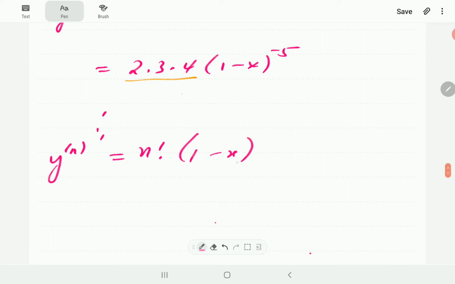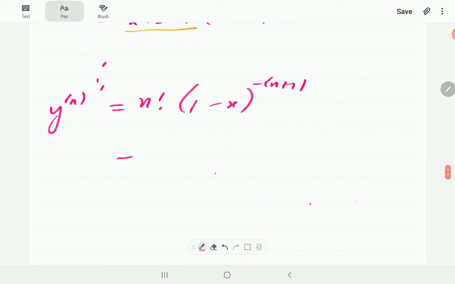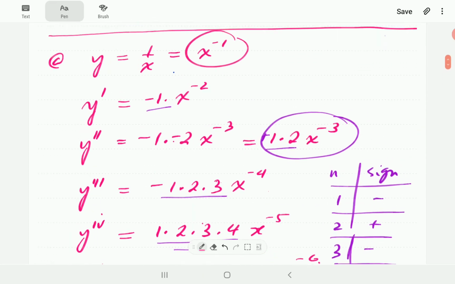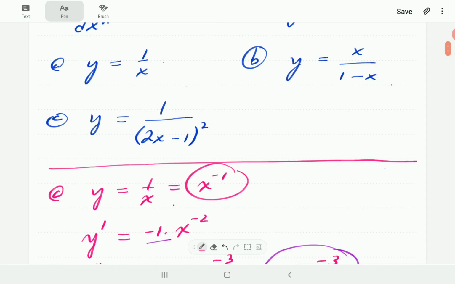And for n, it's going to be -n plus 1. So this thing is going to be n factorial, all divided by 1 minus x to the power n plus 1.